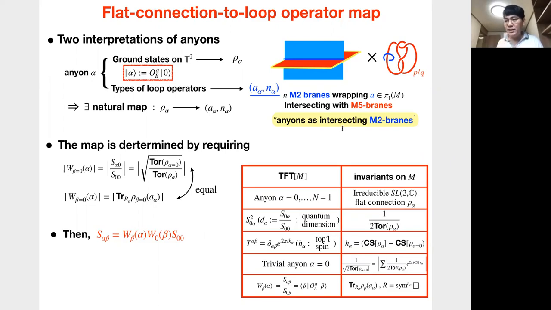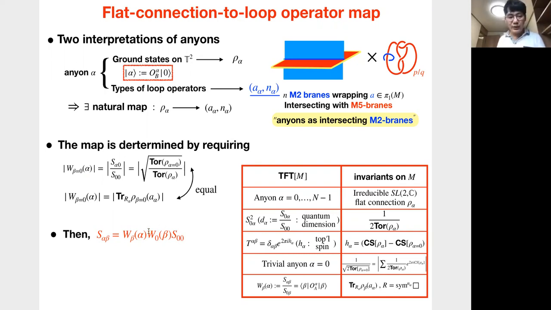Sometimes it is called a codimension-four defect of the T[M] theory, which is labeled by a representation of SU(2), as the representation of SU(2) is determined by this number n. So from these two interpretations, we expect there is a natural map between the flat connection and this codimension-four defect labeled by A and the choice of A alpha. There are some conditions to determine this map, and once we determine it, we can compute the full S matrices. This is the basic logic.